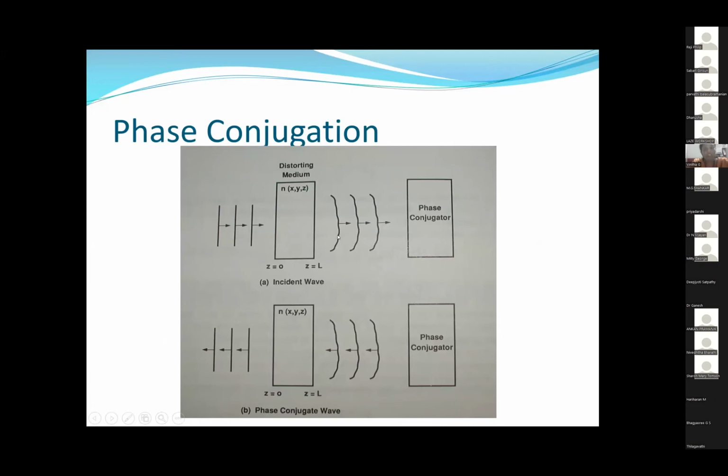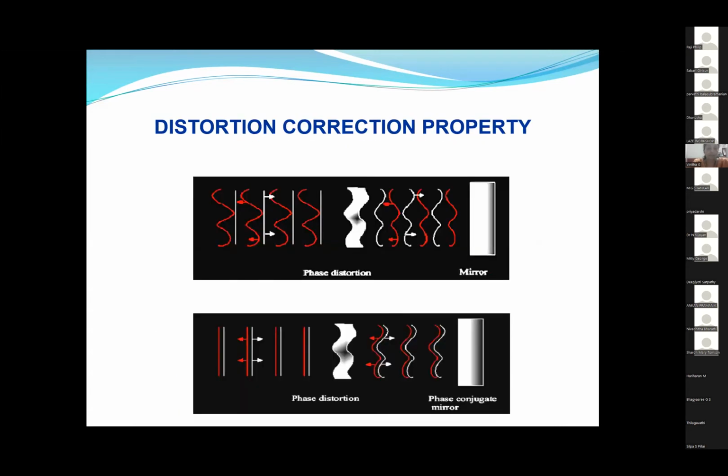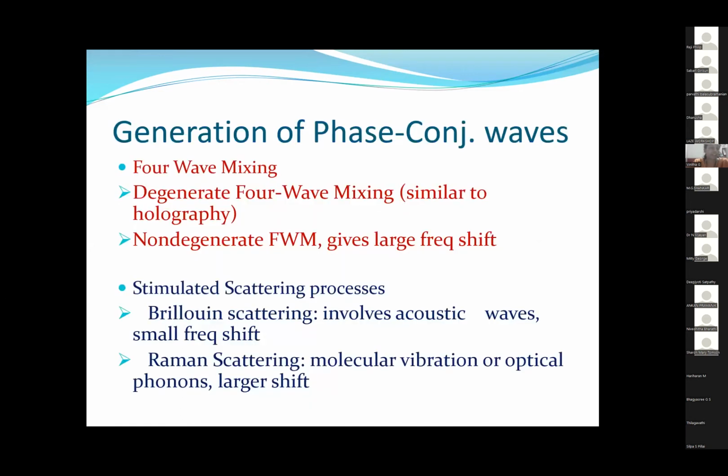This beam, when it hits the phase conjugator, reflects back. What you ultimately see at the end is going to be a corrected image. The aberration gets corrected because there is going to be a phase conjugation that is going to happen. All right. So that's the distortion correction property which we can utilize by exploiting this nonlinearity. All right. Then we can have the four-wave mixing.